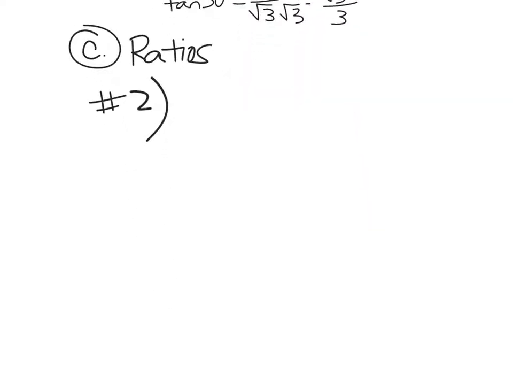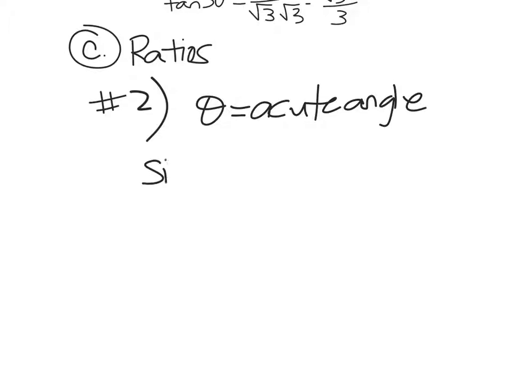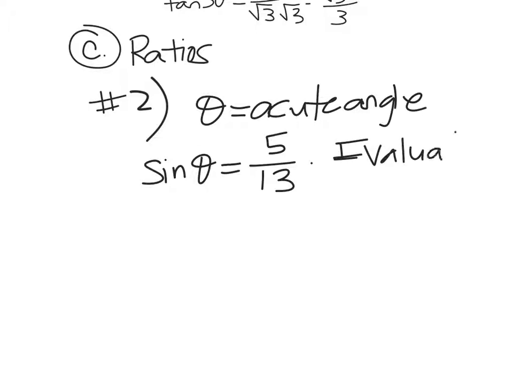They should have been labeled. Oh, well. All right, number 2. It says to let theta be an acute angle, and the sine of theta is given to us as 5/13. We want to evaluate the other 5 trig functions of theta.